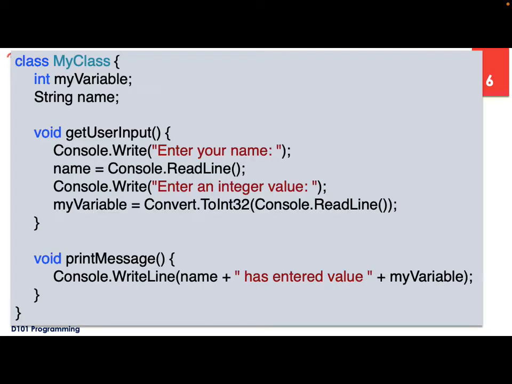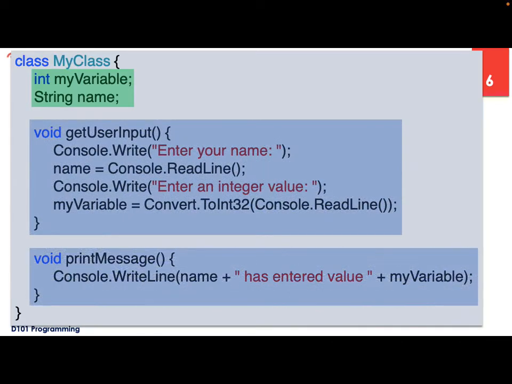In a class, we have some fields, some variables, and we can make them private or public. So we have int myVariable, string name. So we have certain fields that we have defined inside it.